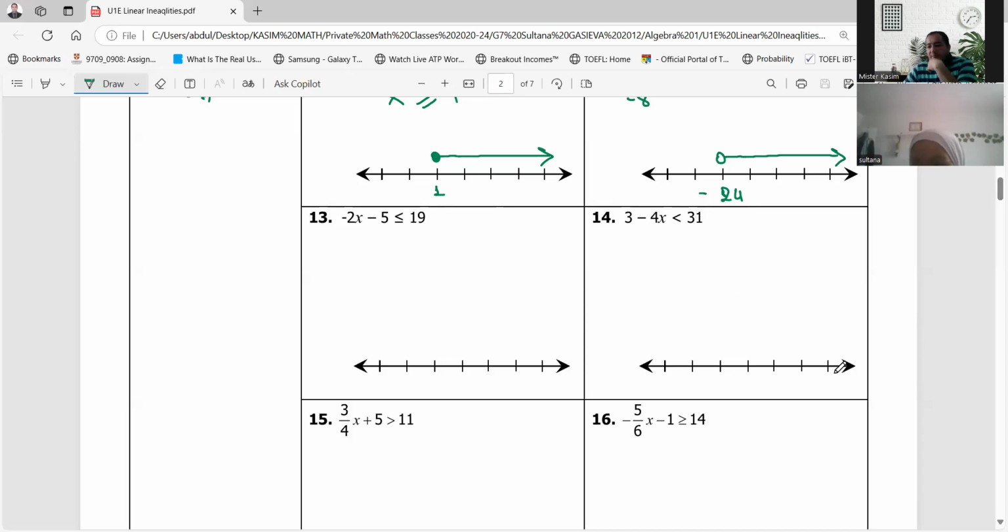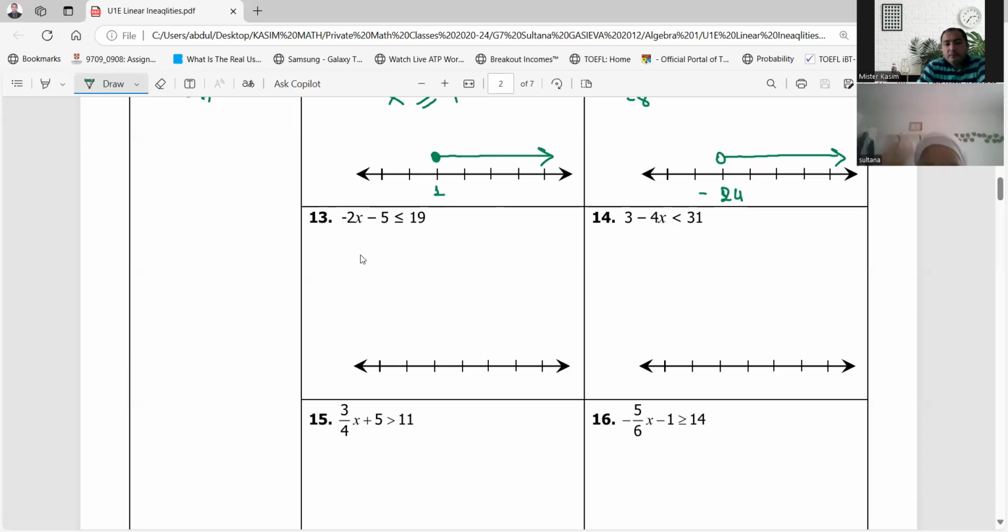Yes, Sultana, done? x greater than -12. Greater than or equal to, right?